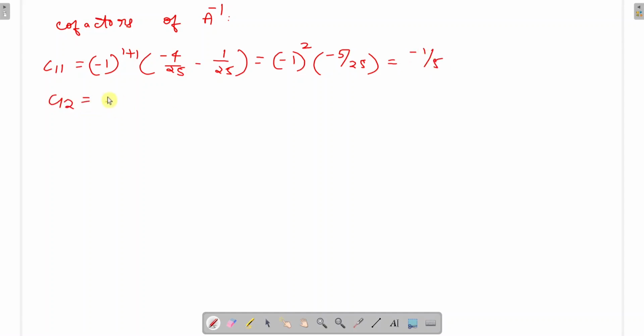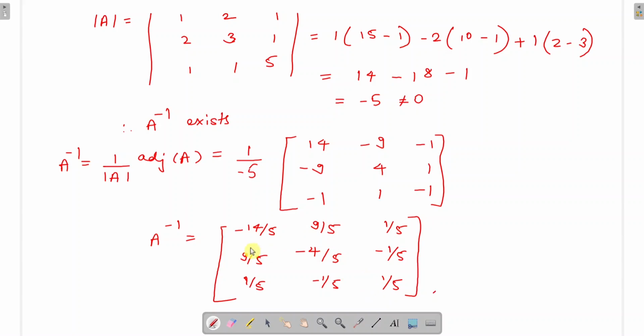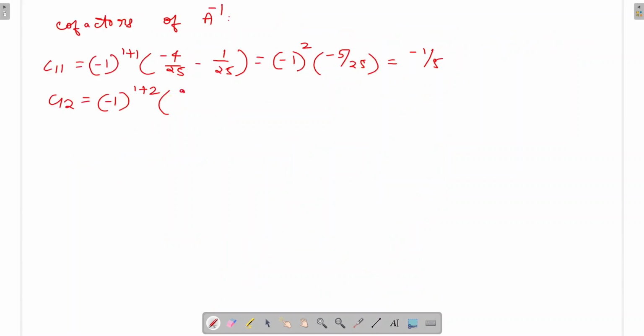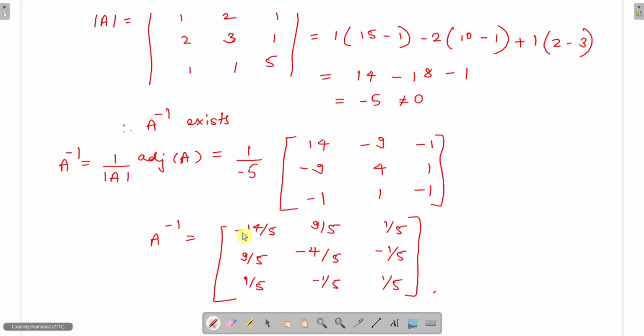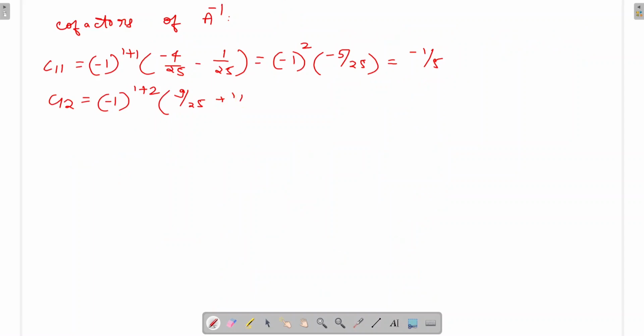C12 is minus 1 raised to 1 plus 2, then 9 by 25 plus 1 by 25. So minus 1 raised to 3 times 10 by 25, which is nothing but minus 2 by 5.